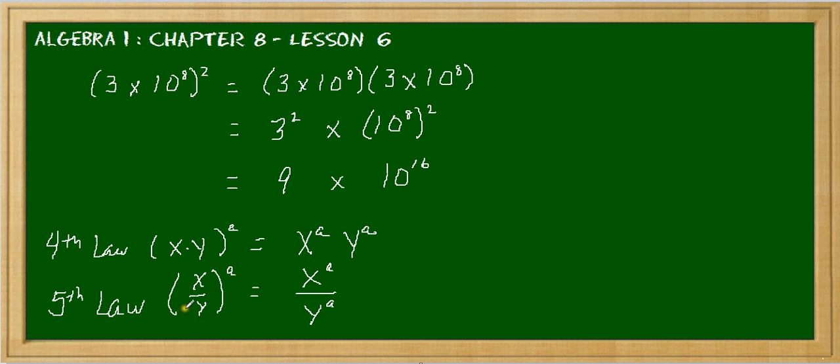So we are applying the exponent again. We can always express x over y as x times 1 over y, right?